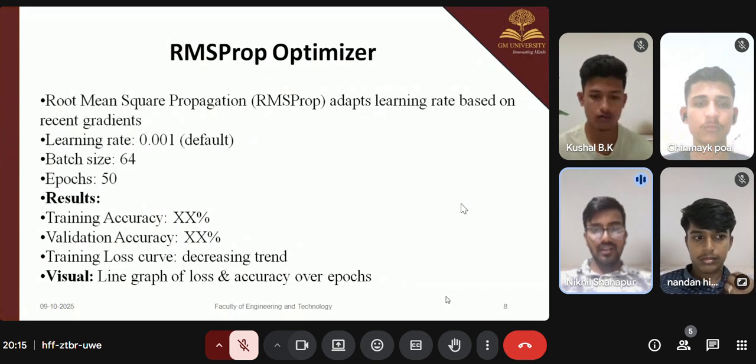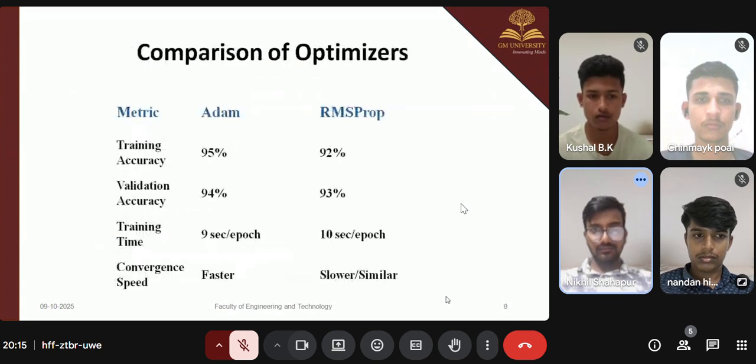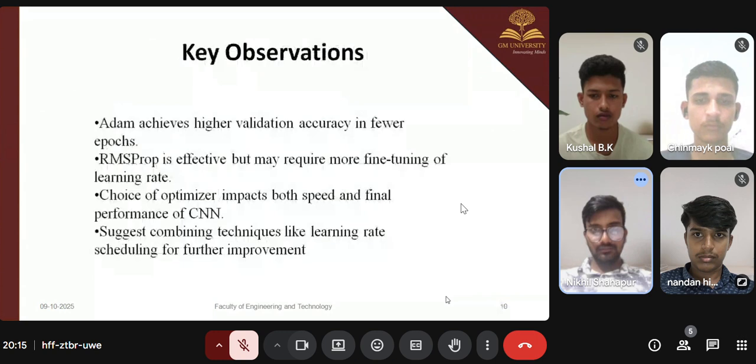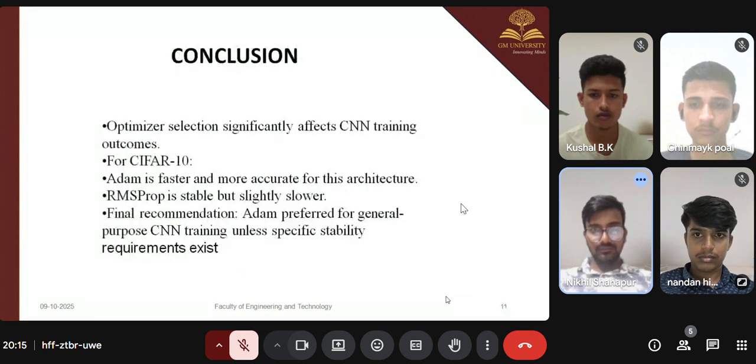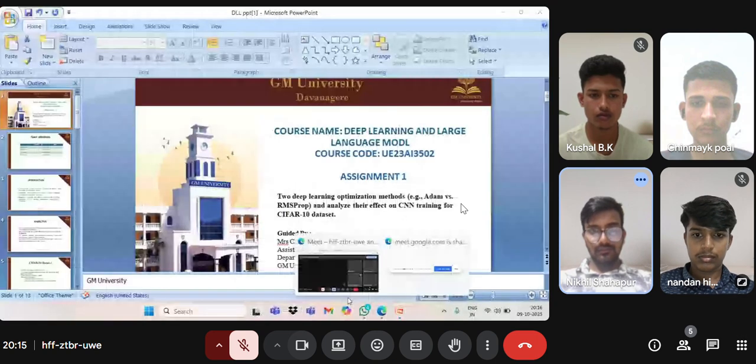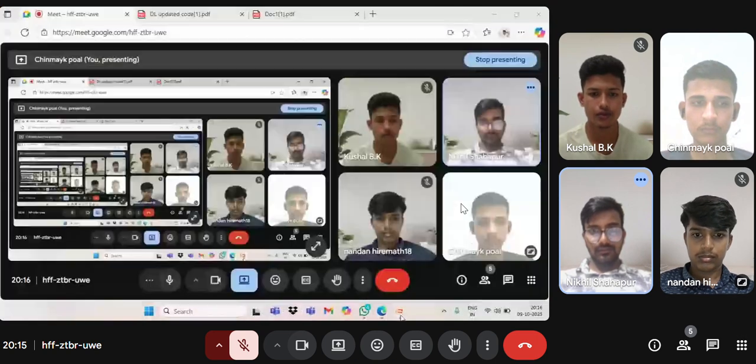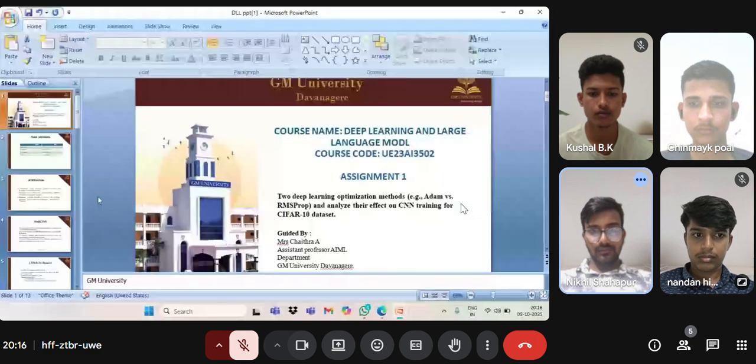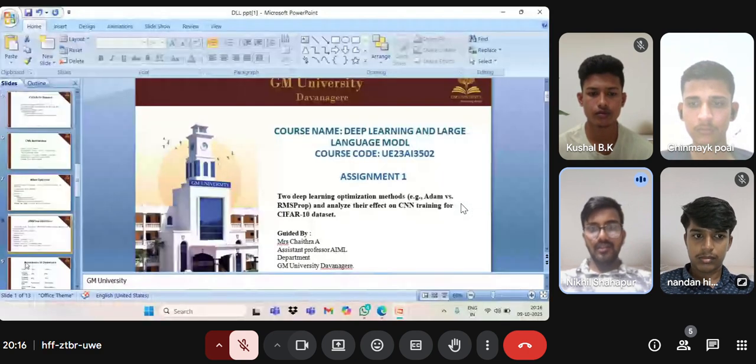Training loss curve showing a decreasing trend, visualized as a line graph of loss and accuracy over epochs. The next slide is continued by Chinmay.